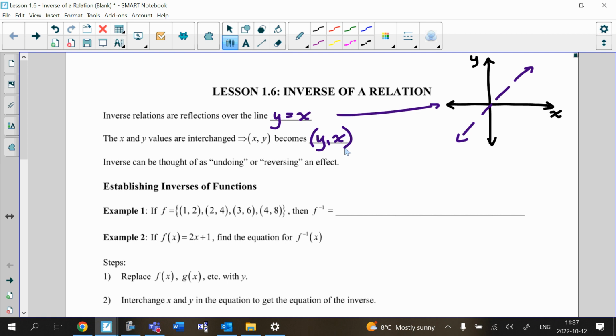Remember, relations and functions could be given to you as a set of ordered pairs. They could be given to you as an equation. They could be given to you as a graph. So you may be given one of those forms of a relation or function and asked to find its inverse.